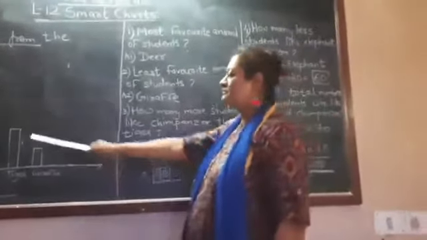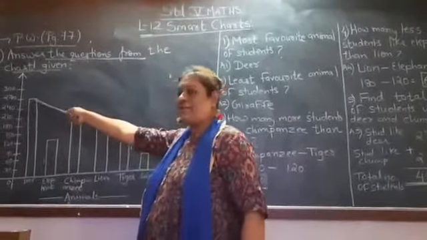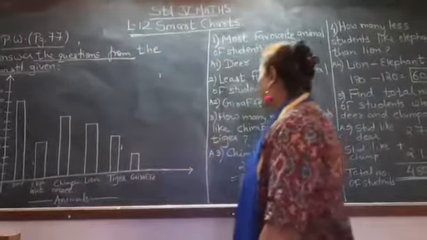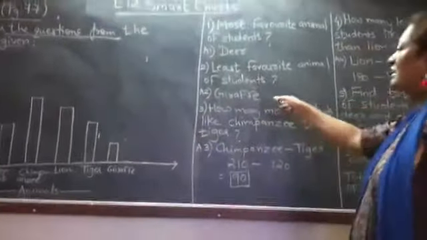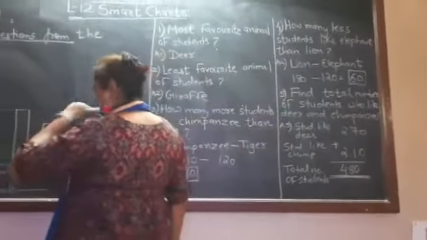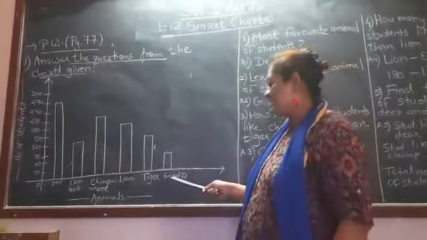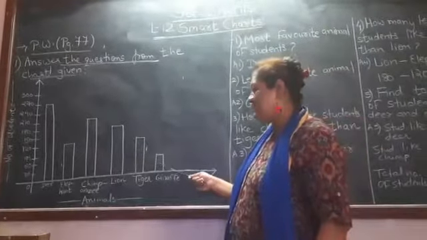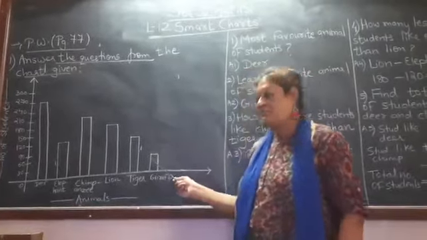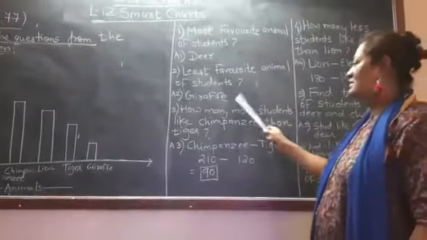The maximum number of students, 270, liked deer. Next, the least favorite animal of students. Out of these rectangular bars, the smallest bar is giraffe. So only 60 students like giraffe. So giraffe is the least favorite animal of students.